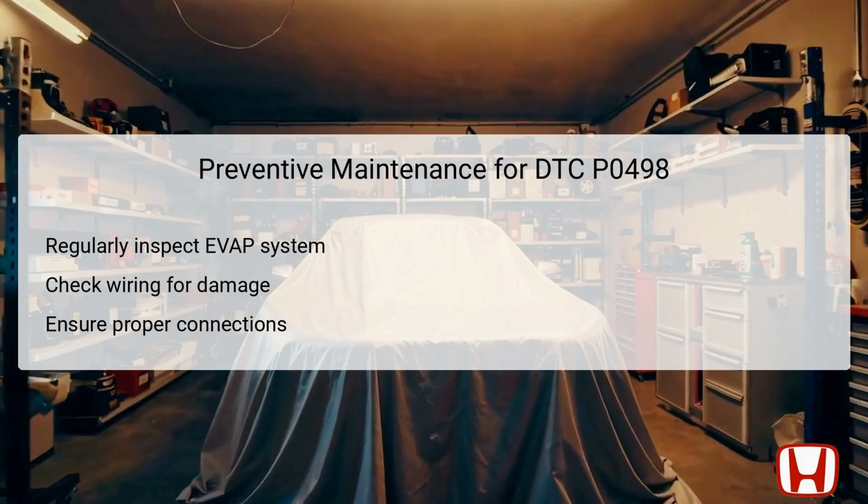Ensuring that all connectors are clean and secure can help in maintaining a consistent voltage flow, which is critical for proper valve operation. Regular maintenance can also involve checking the functionality of the canister vent shut valve to ensure it operates within specified parameters. By investing time in routine inspections and repairs, long-term reliability and performance of the emissions system can be ensured, preventing costly repairs and compliance issues.